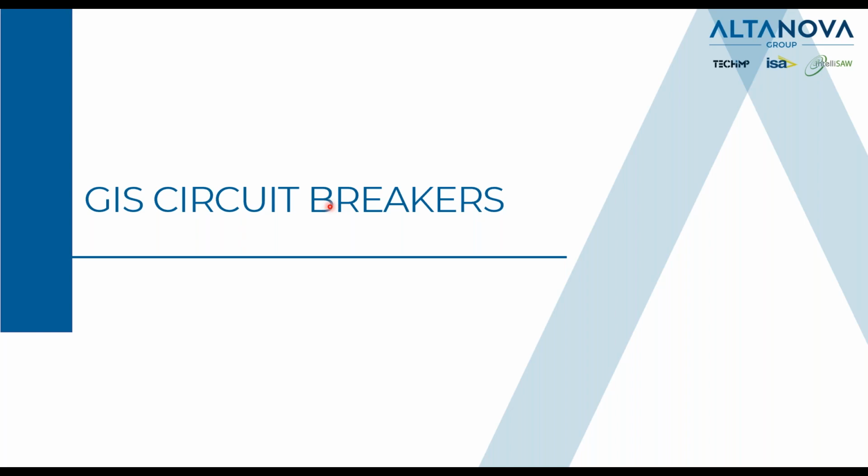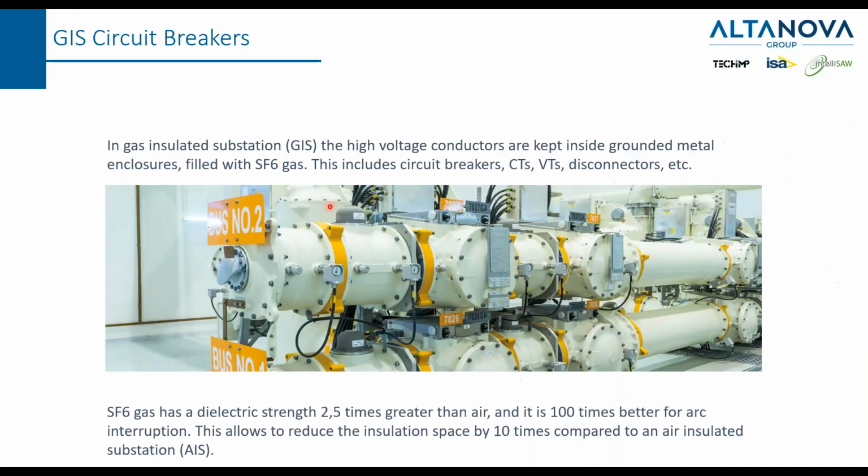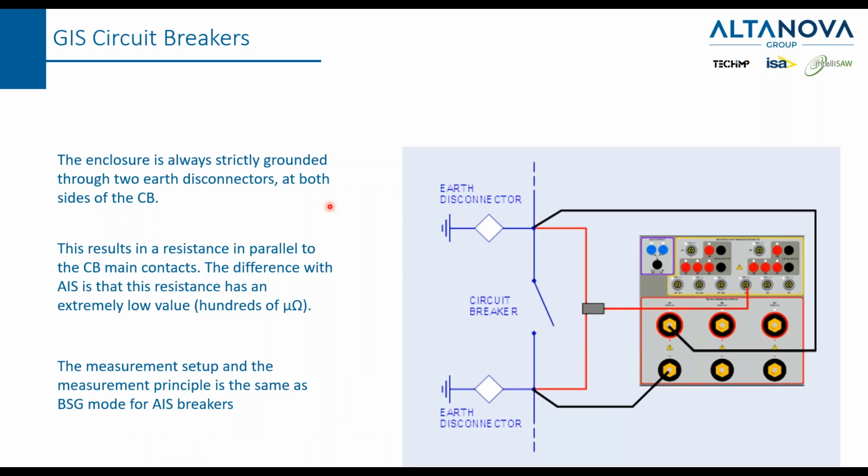After this long discussion, we are now ready to understand that circuit breakers that are gas insulated must always be tested with the same principle of both sides grounded as the air insulated circuit breaker, because GIS circuit breakers always have earth disconnectors at the two sides of the main contact that are connecting it to the ground.